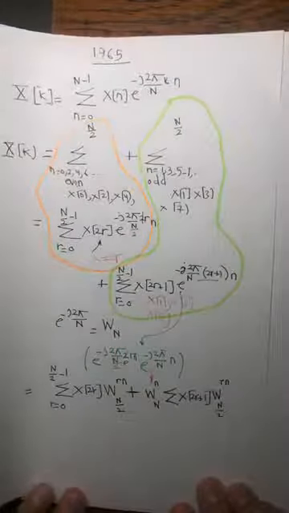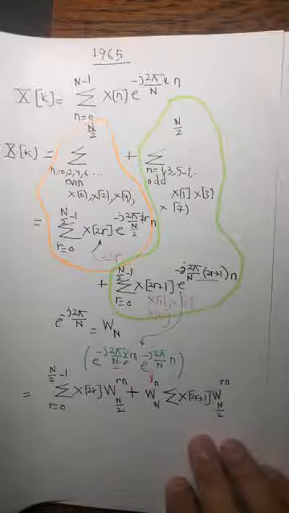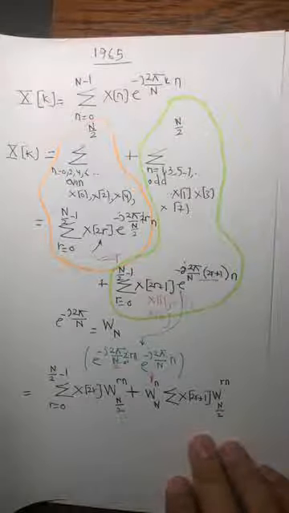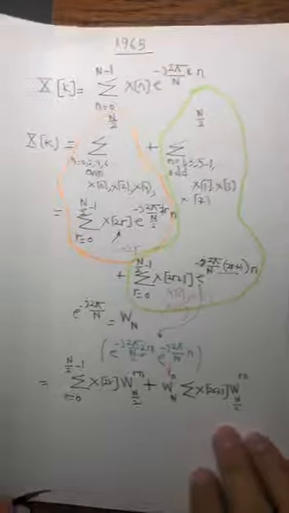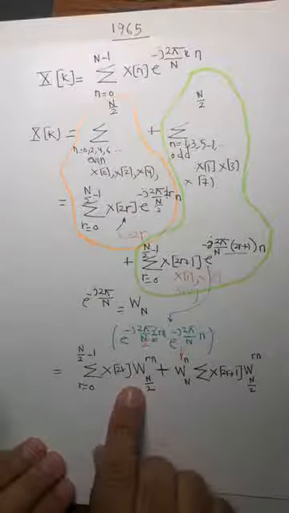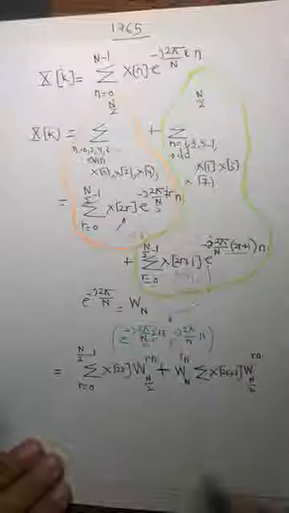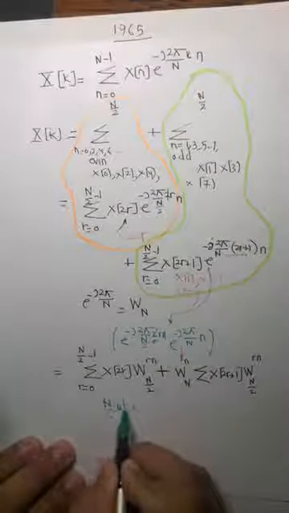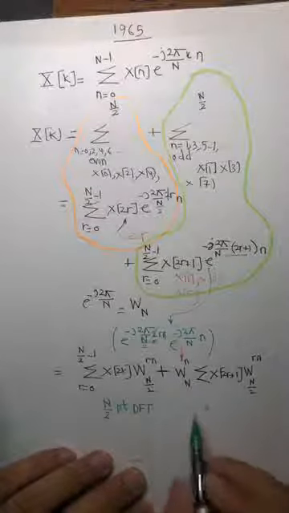And the trick is almost over: they have split an n point DFT into two n by 2 point DFTs. If you look at this formula carefully, it is a formula for an n by 2 point DFT. So they now have an n by 2 point DFT, and we'll shortly see what gain they get.